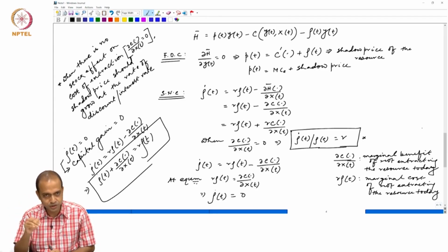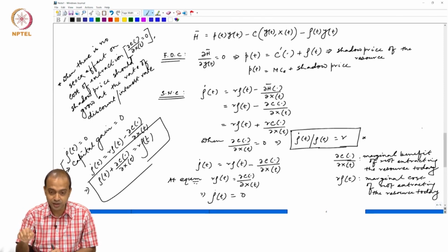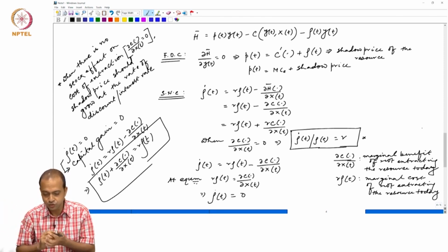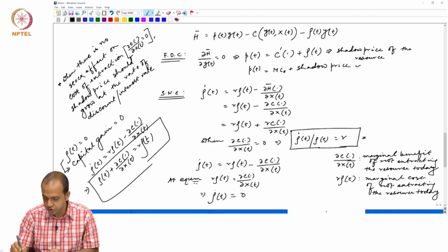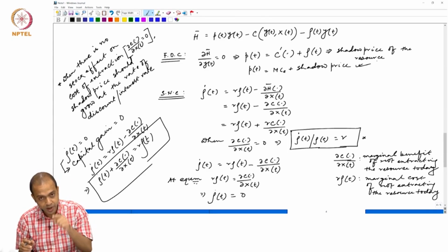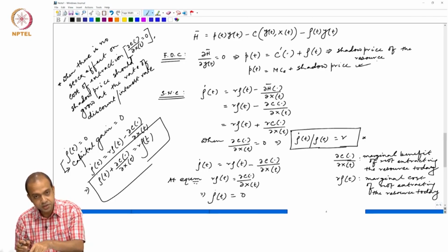Marginal cost is augmented by a user cost, and the user cost and shadow price are all similar concepts. What we earlier defined as user cost, in this context I am calling shadow price. So, marginal cost of extraction plus the shadow price is what we got from this condition in the context of non-renewable resources. Since it is not easily replicable, the optimum price should be determined by this rule, where price equals marginal cost of extraction plus the shadow price.